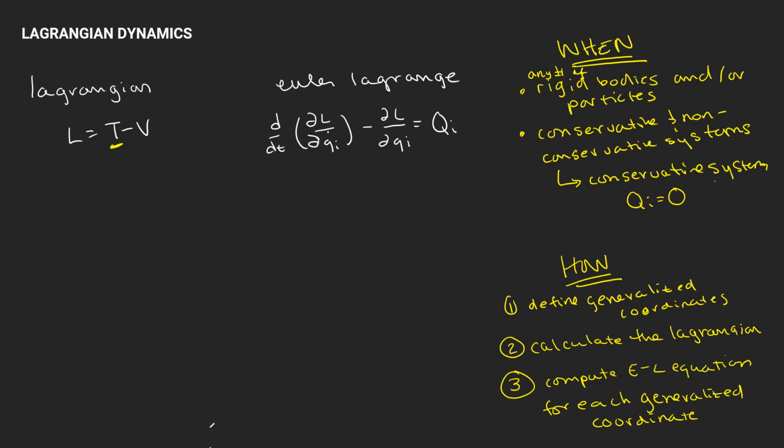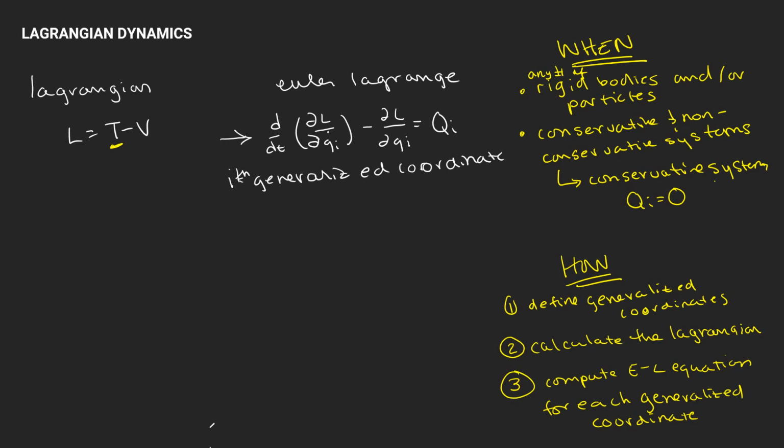You have these written in terms of i, and so i is the number of which generalized coordinate you have. So I'll put ith generalized coordinate. So if you have two generalized coordinates, you need to calculate this Euler-Lagrange equation twice, right?